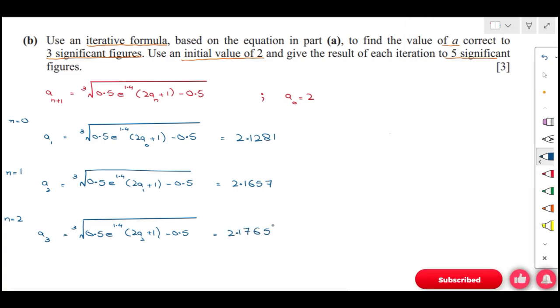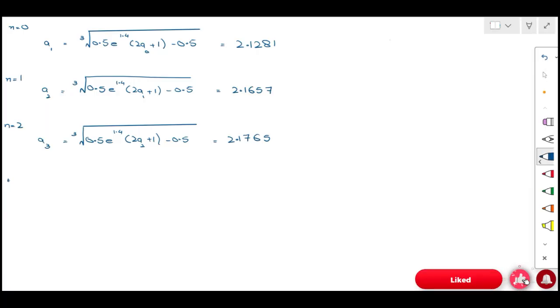2.1765. Okay. Another iteration. When n is equal to 3, we have a4, which is equal to the cube root of 0.5 e to the power 1.4 times 2 times a3. This is your a3, plus 1 and minus 0.5.